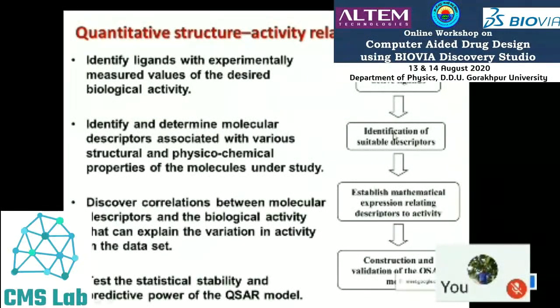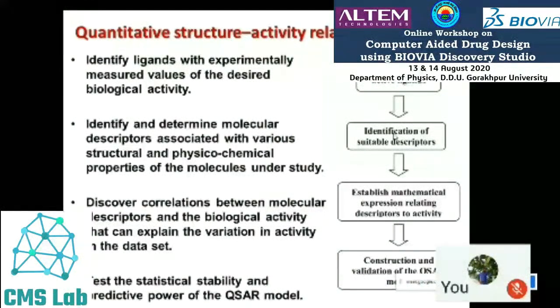And then once you have the ligands, the descriptors and the properties for all the ligands with the biological activity, what you need to do is establish a mathematical expression relating these descriptors, which you determined, with the biological activity of the molecules.